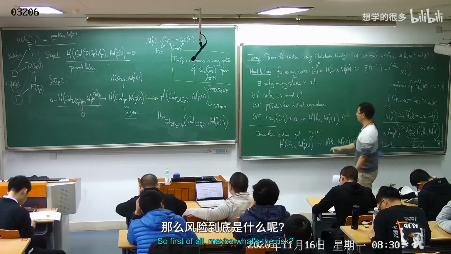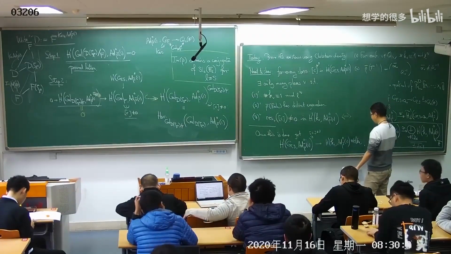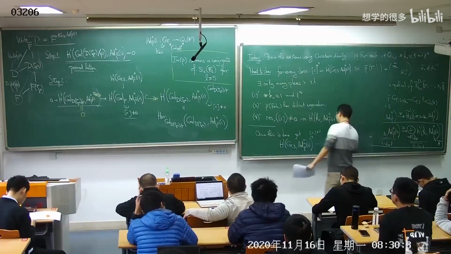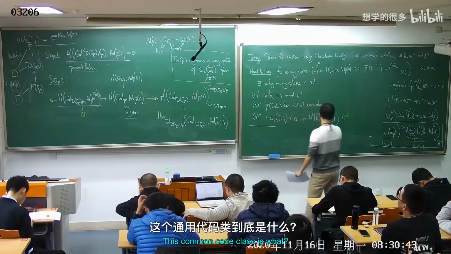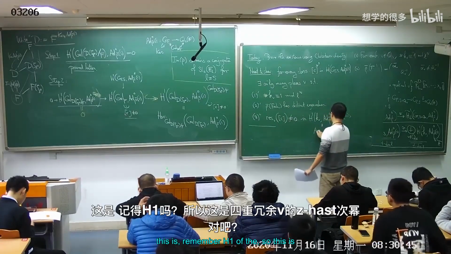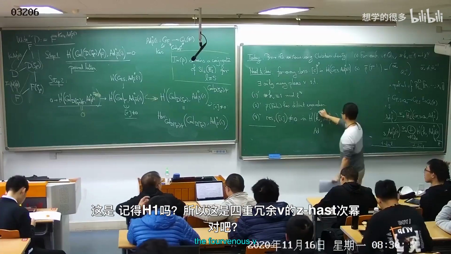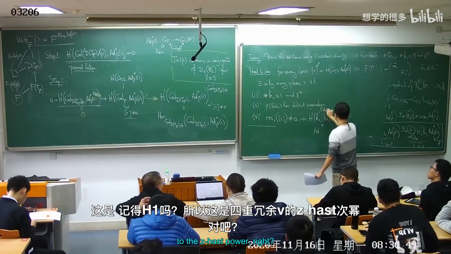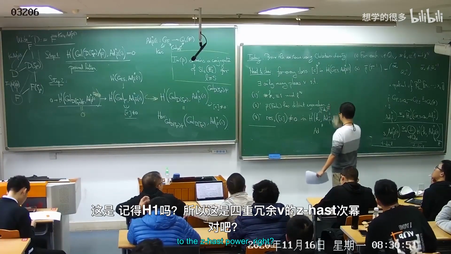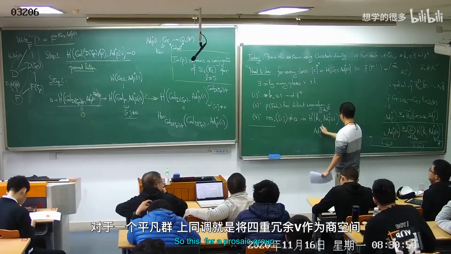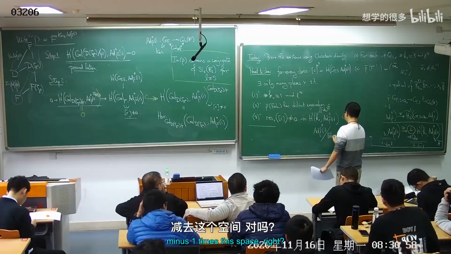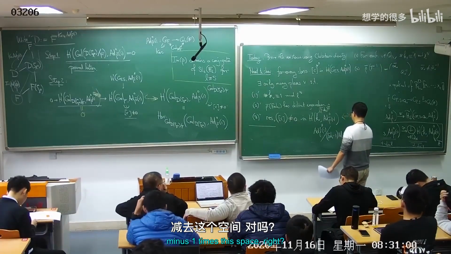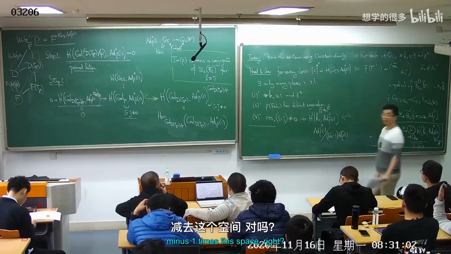So first of all, what is this class anyway? This cohomological class is what? Remember, this is H1 of the Frobenius, V to the Z has power. So for a procyclic group, the cohomology is this space quotiented out by Frobenius of V minus 1 times this space.